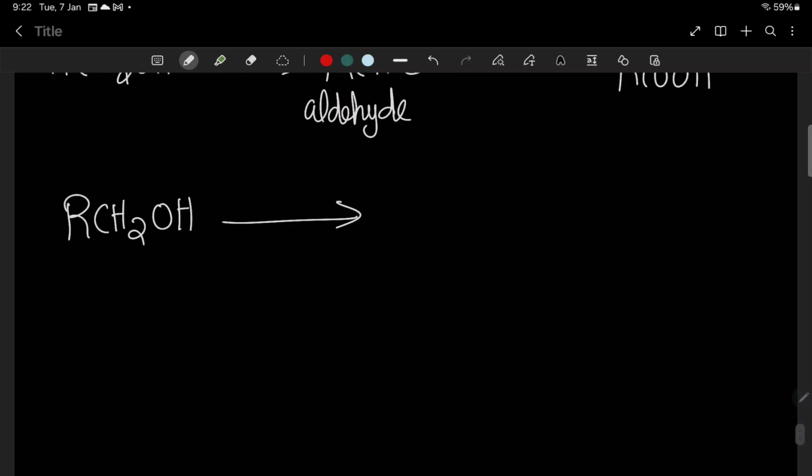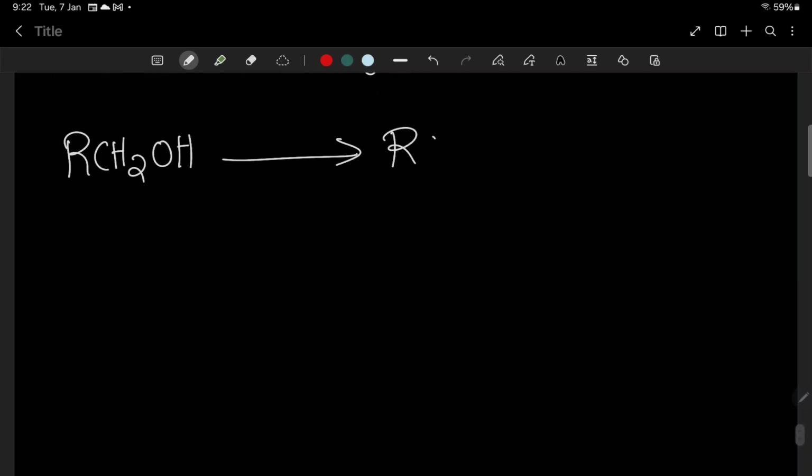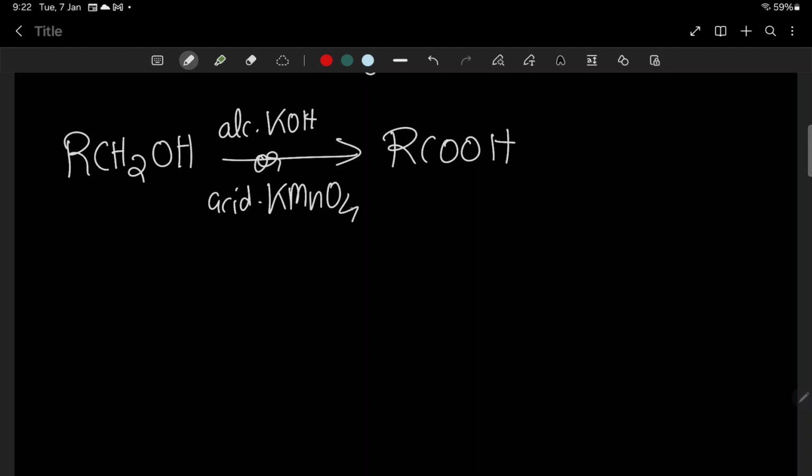If we need to convert alcohol directly into acid, RCOOH, without the aldehyde step, we can use strong oxidizing agents like acidified potassium permanganate, KMnO4, etc.